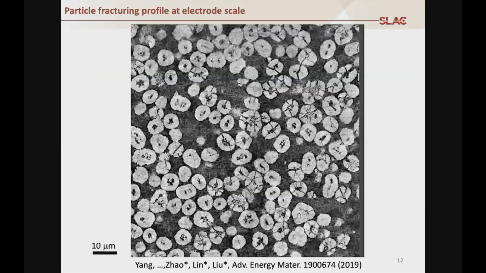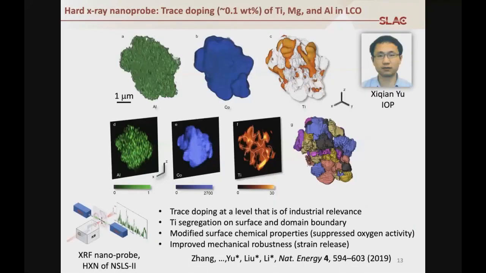If we take a closer look at this image, we see that there are many different particles and every particle is unique. And that justifies some of the fine resolution imaging to the particle level. One example is that we utilize the fluorescence mapping capability to look into the spatial distribution of the trace element dopants.